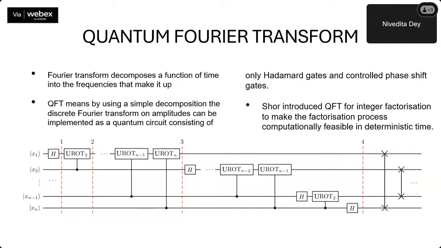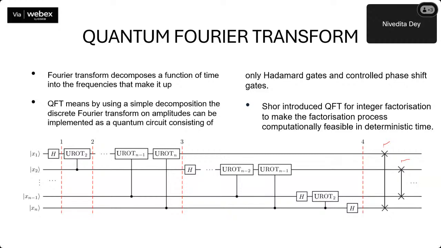But basically, it's a simple decomposition: the discrete Fourier transform on amplitudes that can be implemented as a quantum circuit consisting of Hadamard gates and controlled rotation or controlled phase shift gates. Just see the quantum circuit, or at least tell me what quantum gates are available. You can see there is the Hadamard gate, H. These two are swap gates, right?